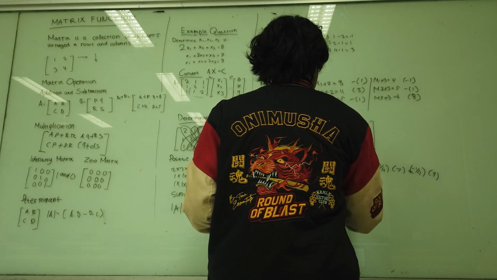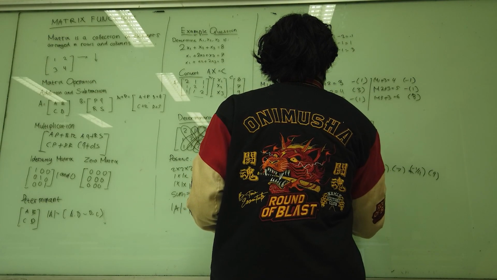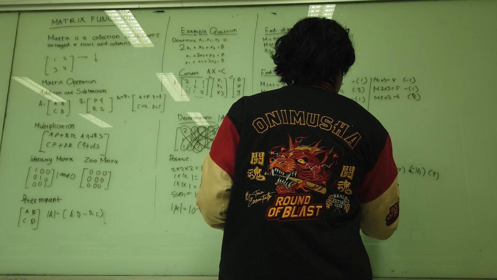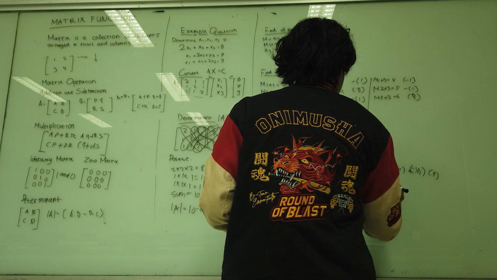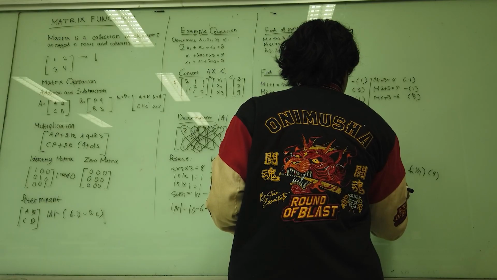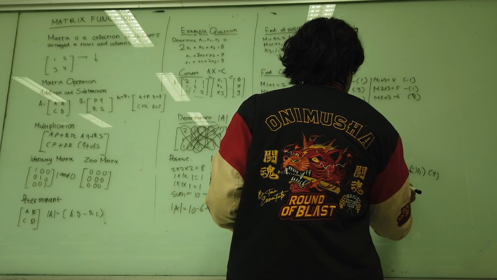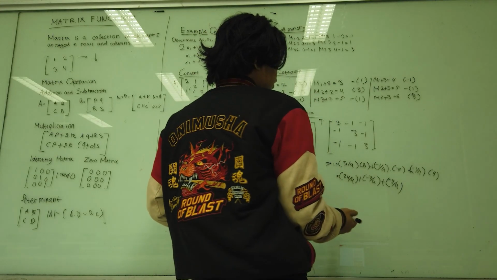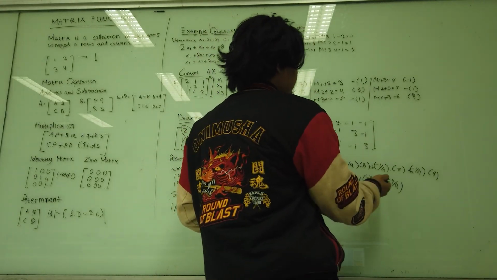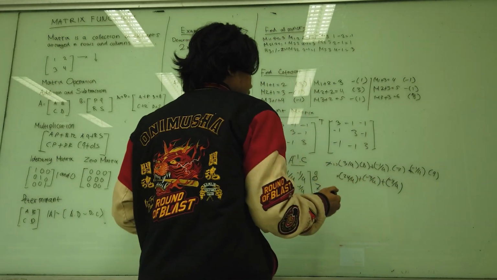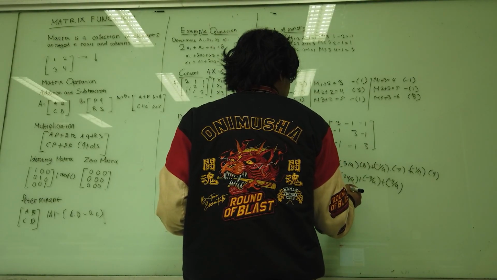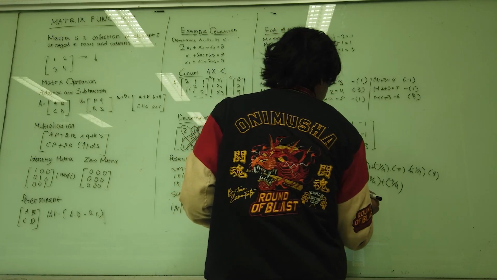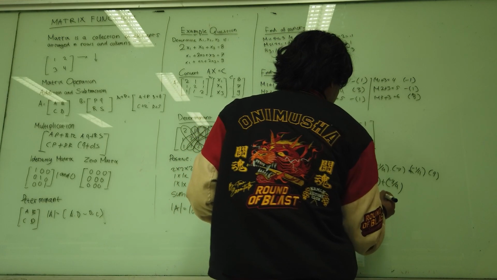Which will get us 24 per 4 plus minus 7 per 4 plus minus 9 per 4. And we can just add this and negative 16. So we will get 8 per 4, which the result is 2.